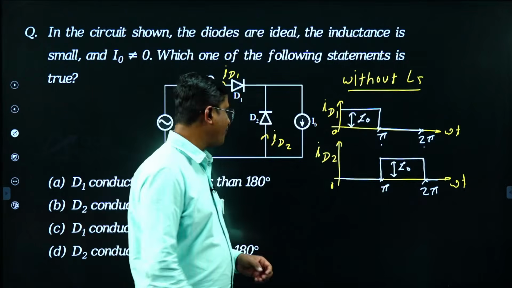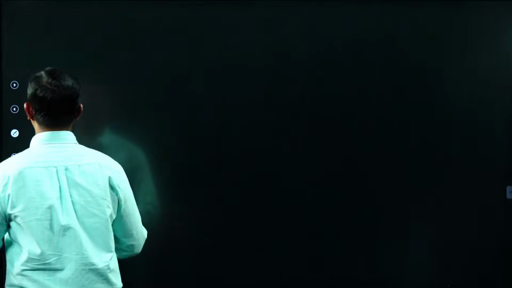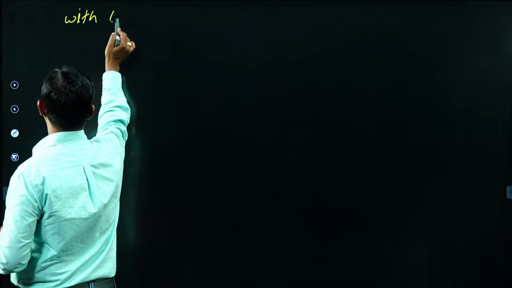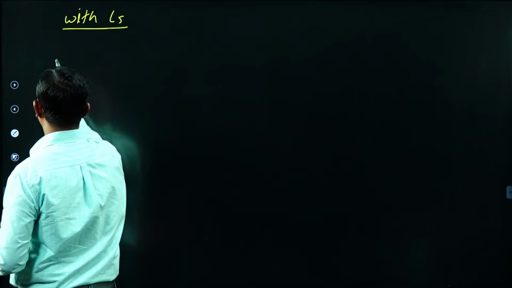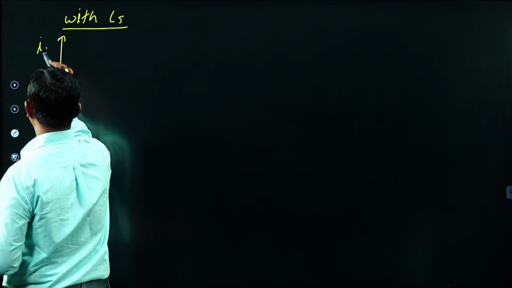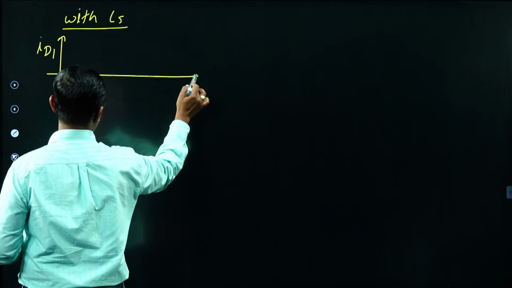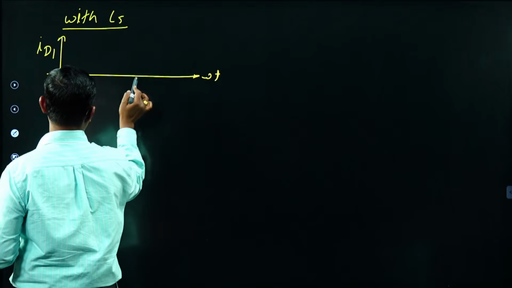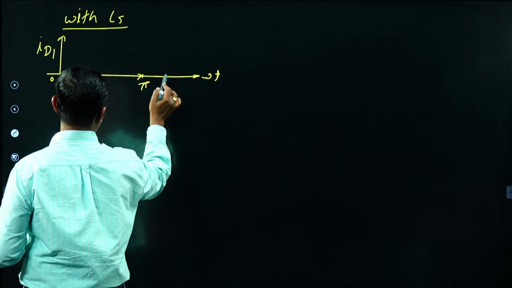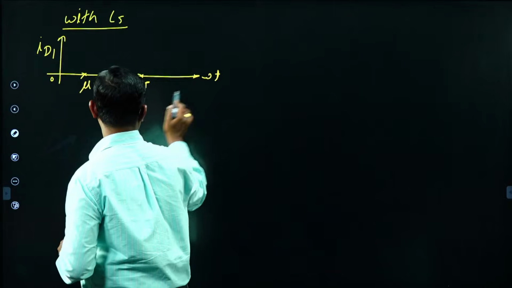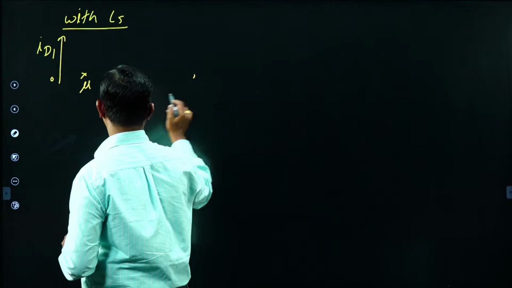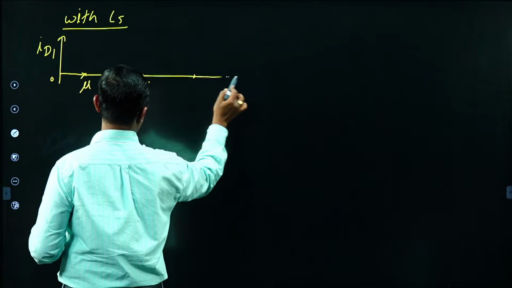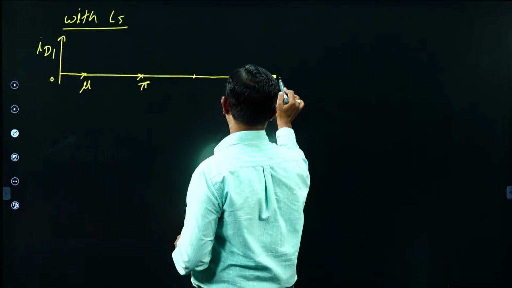So my ID1 waveform, when LS is present, yes, I am drawing here, with LS. My ID1 waveform will be like this: 0, mu, pi and pi plus mu. Yes, let me take like this.